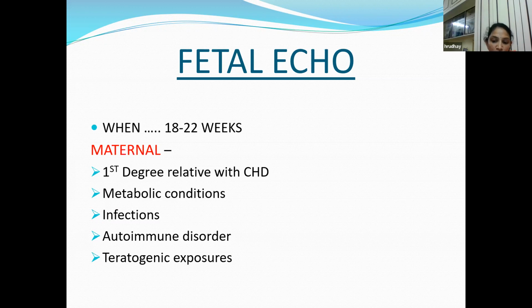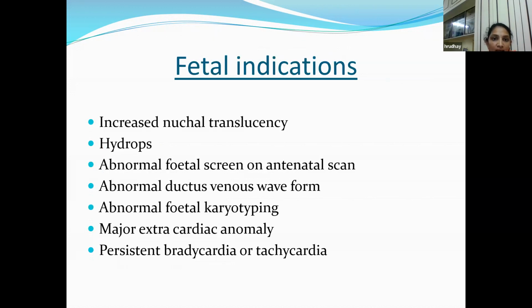Fetal indications are increased nuchal translucency, hydrops, abnormal findings on the antenatal scan, like an anomaly scan showing some abnormality, abnormal ductus venosus waveforms, abnormal fetal karyotyping like syndromic babies, and major cardiac and extracardiac anomalies like ileal atresia and duodenal atresia. Persistent bradycardia or tachycardia also needs a fetal echo, which should usually be done between 18 and 22 weeks of gestation.